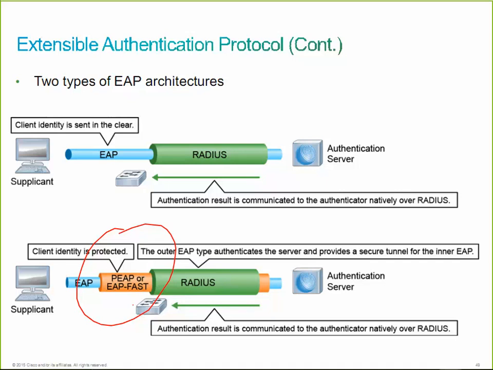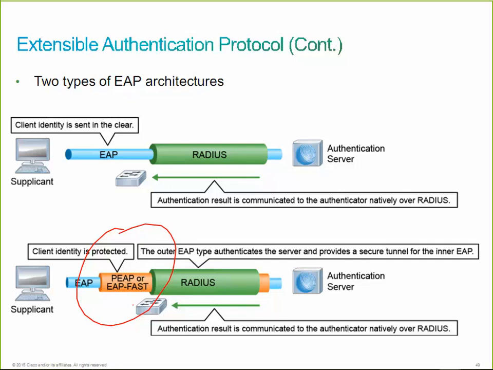MS-CHAPv2 and MD5, both challenge response methods, both non-tunneled. Both use passwords to do the client authentication, but there is no server authentication with MD5. We do have server-side authentication with MS-CHAPv2. Of course, MS-CHAPv2, being a Microsoft variant, is probably going to be used in Active Directory domains and Active Directory environments.